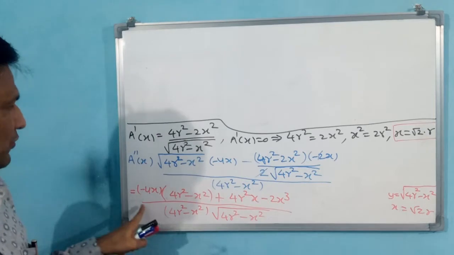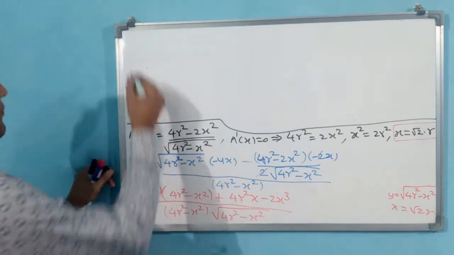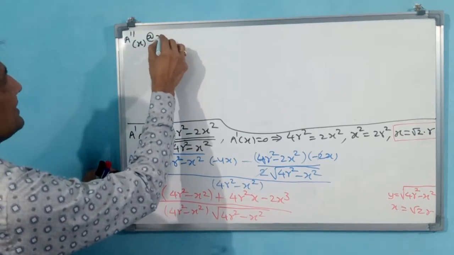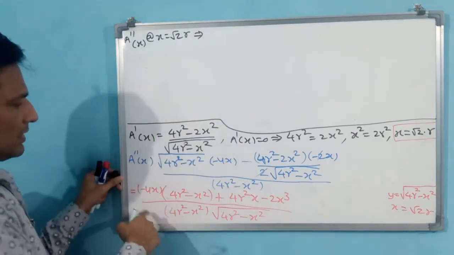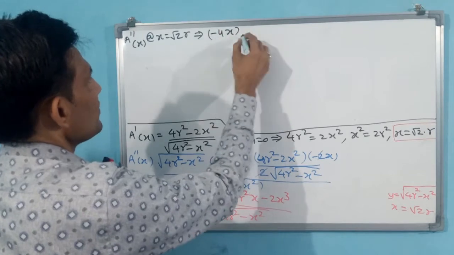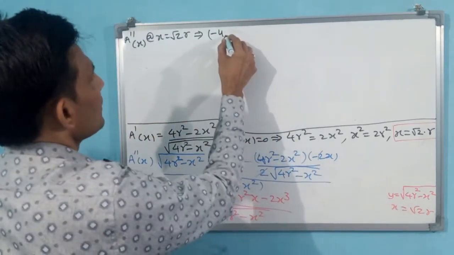That means we will substitute A double dash x at root 2r. You see what I am writing. A double dash x at x is equal to root 2r implies, see, minus 4x, no, x means you have to write root 2r.